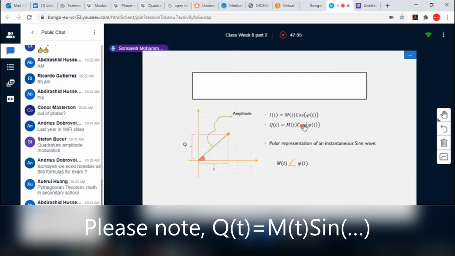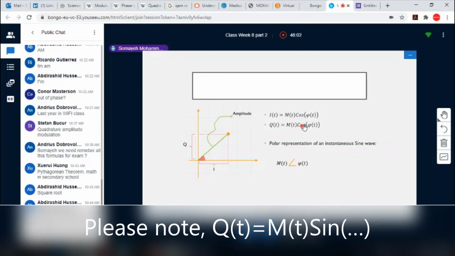Let me check my notes. Yes, I made a mistake, and that one should be sine. Let me check that, and I'll fix my slides and put the updated version on Brightspace. What I mean is Q(t) has a mistake. I should have put sine for that.